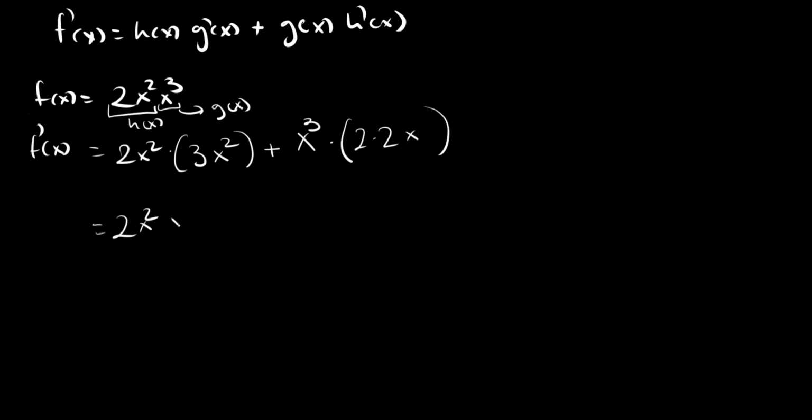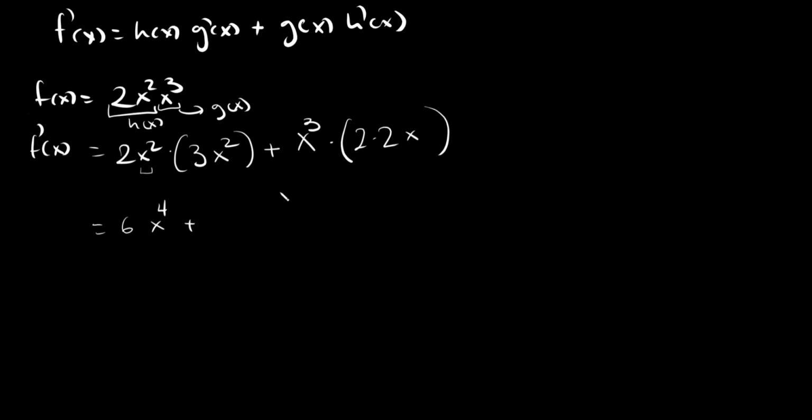So here I'm just going to simplify it. So 2 times 3 is going to be 6. And here it's going to be 2 x to the power of 2 times x to the power of 2, which is going to give me 4. Plus, here let's simplify this one.